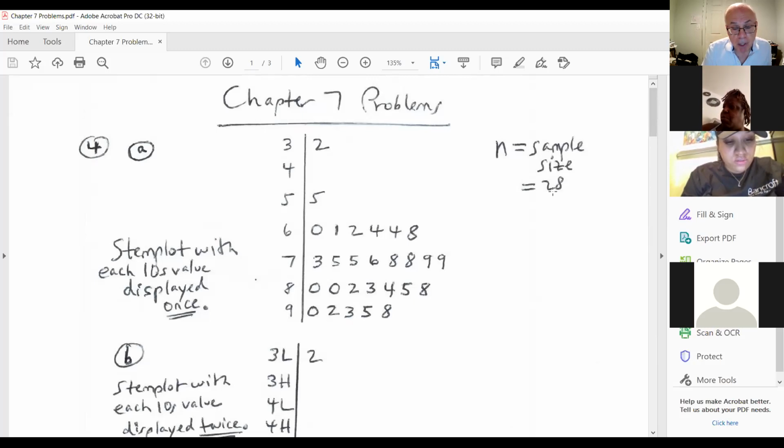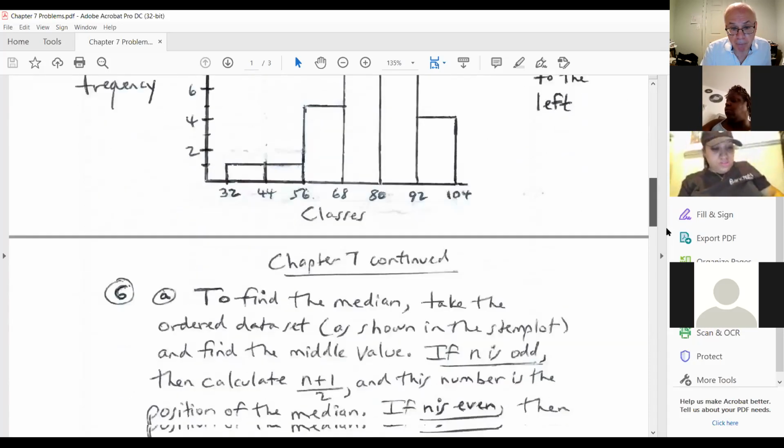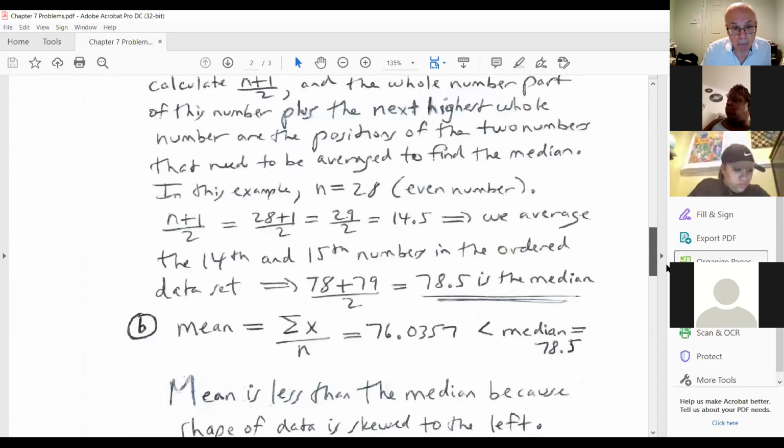So the 14th number and the 15th number in the data set are going to be averaged. So we just count 1, 2, 3, 4, 5, 6, 7, 8, 9, 10, 11, 12, 13, 14. So the 14th number is 78. The 15th number is 79. We average them: 78.5. That's the median. Okay, that's what we did here.